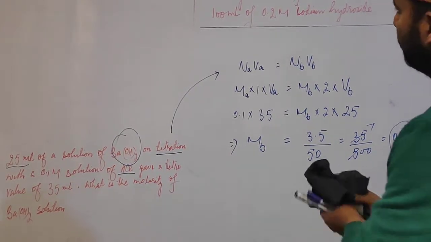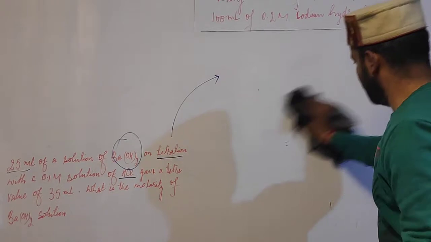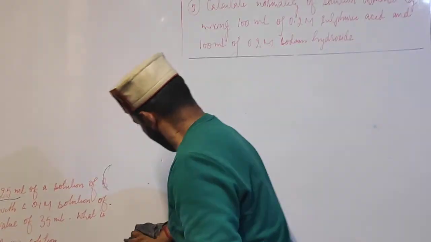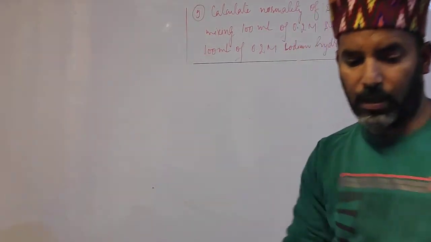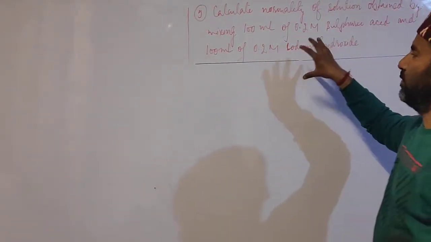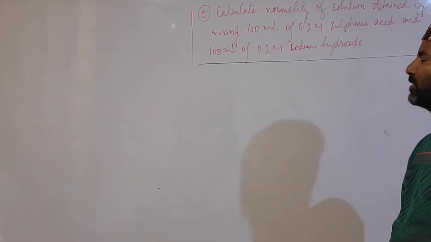Now students, we have the last case or the last question, which is based on a case when acid solution is mixed with a base solution but neutralization is not complete.